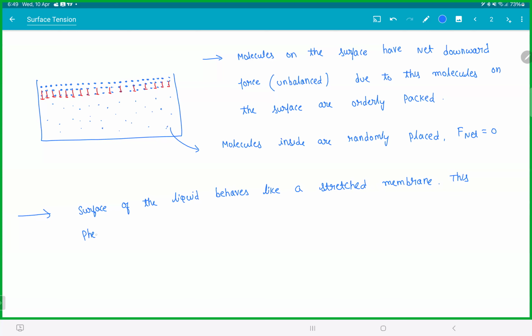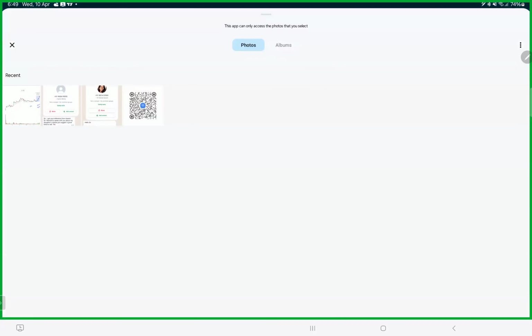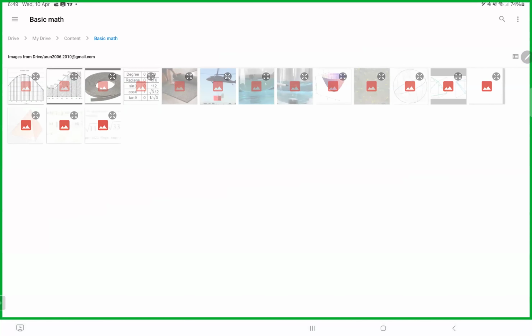This phenomenon is called surface tension. So just think of it like that. Because all the molecules are tightly packed, they will resist any deformation or any change. So how does this look?